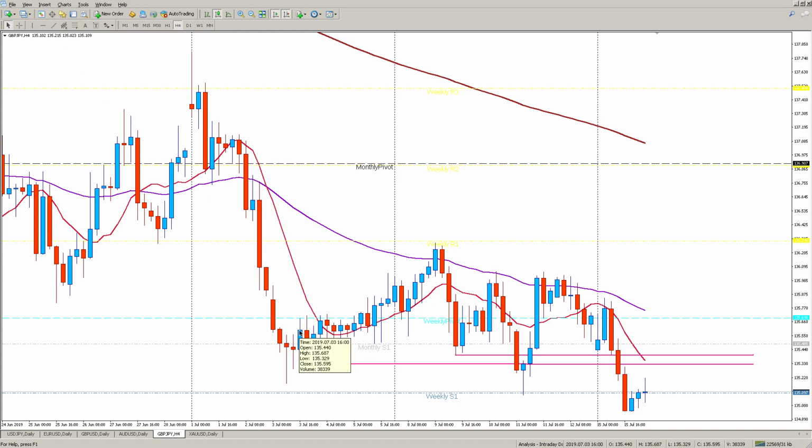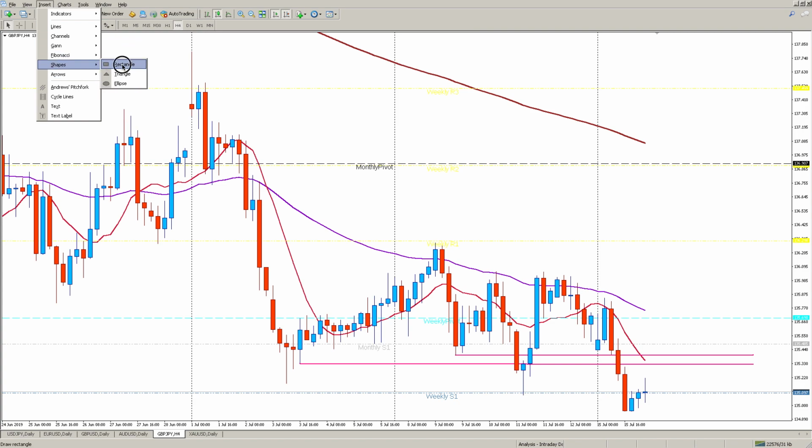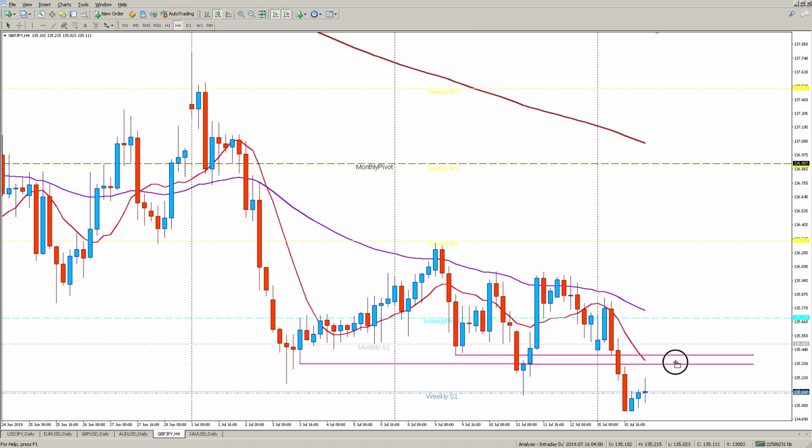And this one here is at the low of 135.33 to this low of 135.40 area. So potentially let's mark this out as our resistance zone or our sell zone.